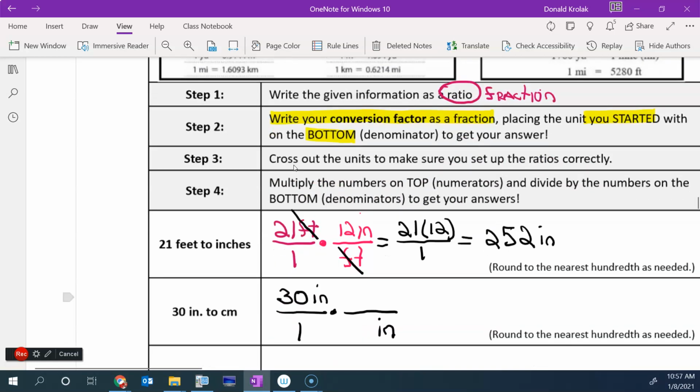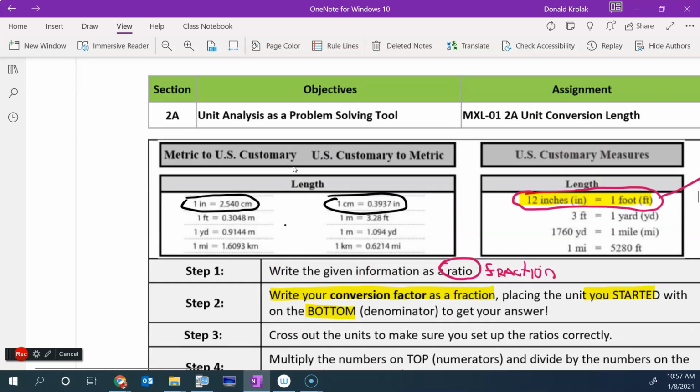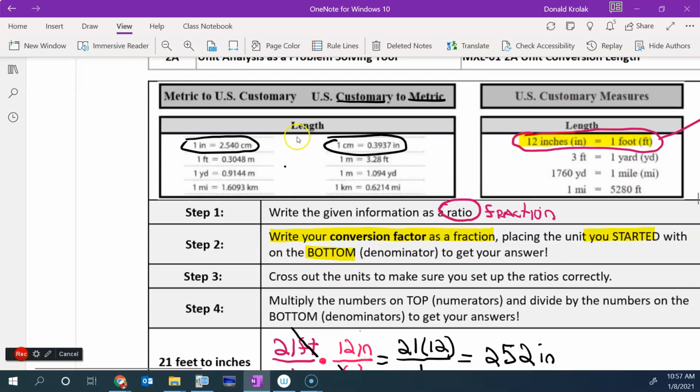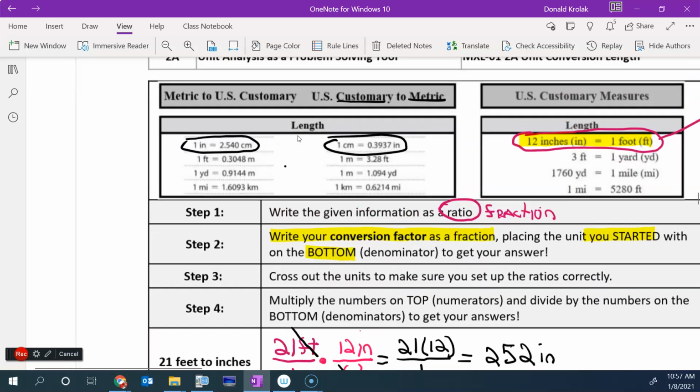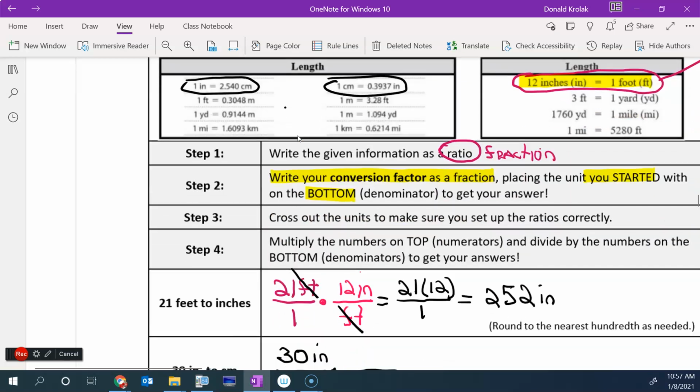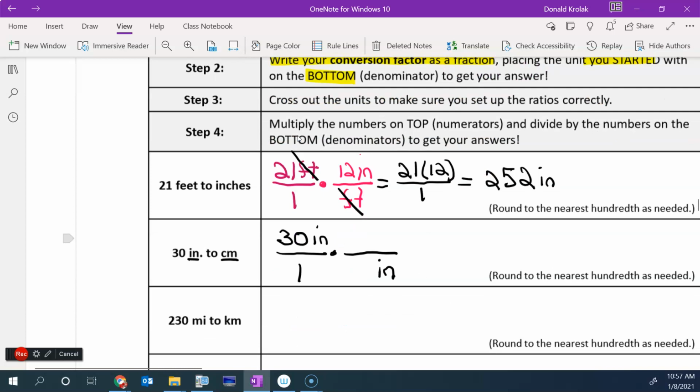All right, so just to be consistent, we're going inches to centimeters, so I might as well use customary to metric. Okay, so that's my inches, that's my centimeters. I got to make sure that I have, I'm sorry, customary. Oh, I've got these back. Oh, well, doesn't matter.